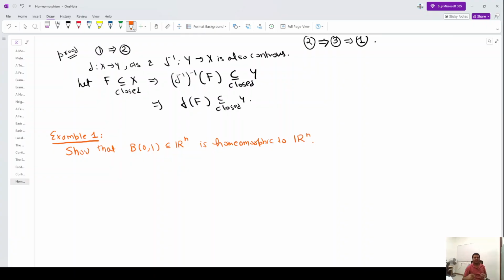So see, this is a very wonderful result. What we are saying is that the open ball B(0,1) is homeomorphic to Rn.